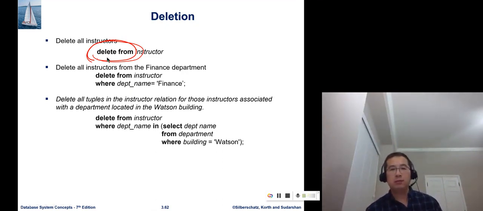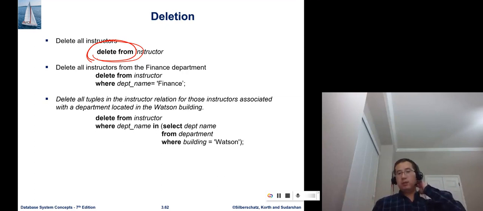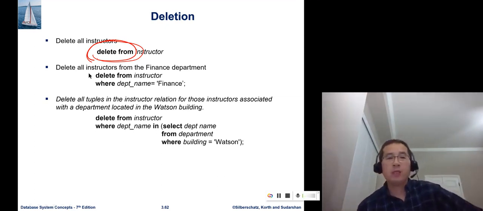There's nothing in between. Do not confuse it with select from. Delete from is just from a table. You cannot delete something from something; it's not like select from. There's nothing in between. And this one means we want to empty the table.